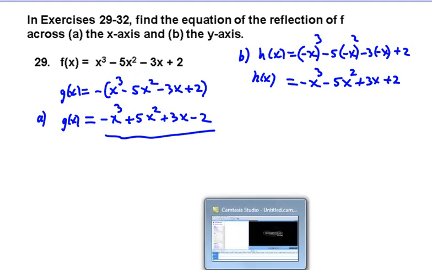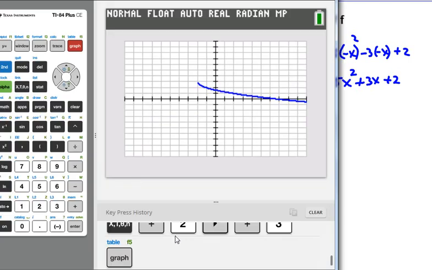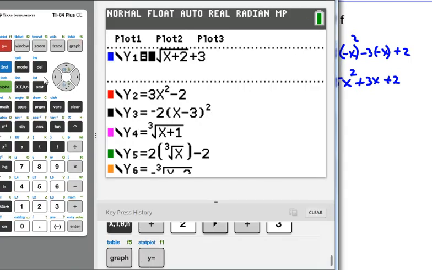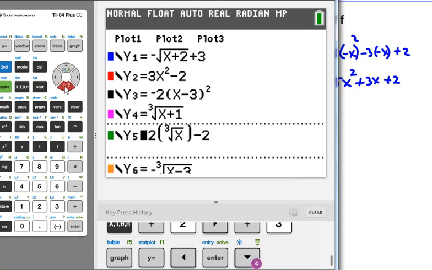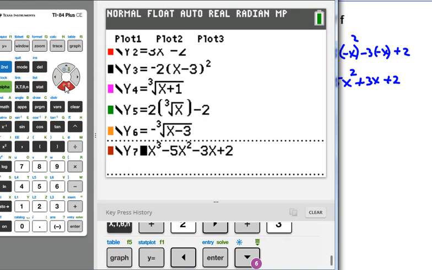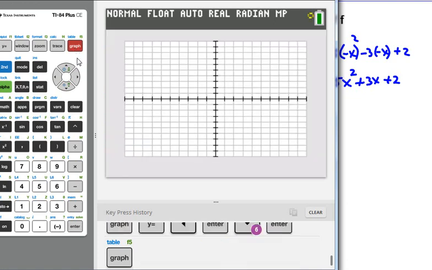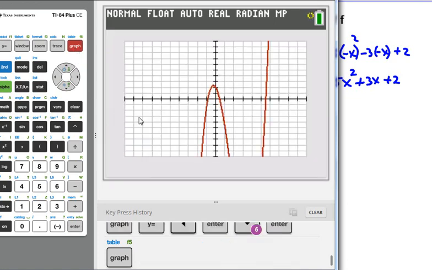I'm going to enter. Okay, so let's go here. We'll diminish that function and come down here. This one here in red is our original function. We graph. So that's what it looks like.